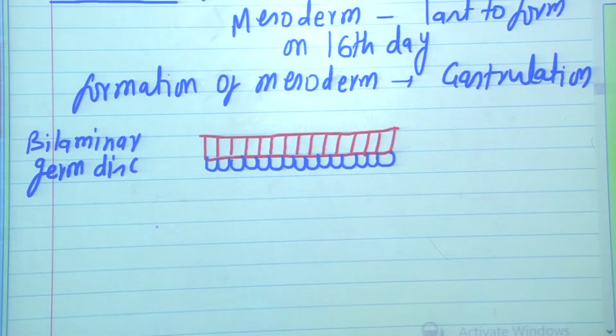Now what changes occur at either end, either this side or this side? These cuboidal cells change their shape and become columnar.